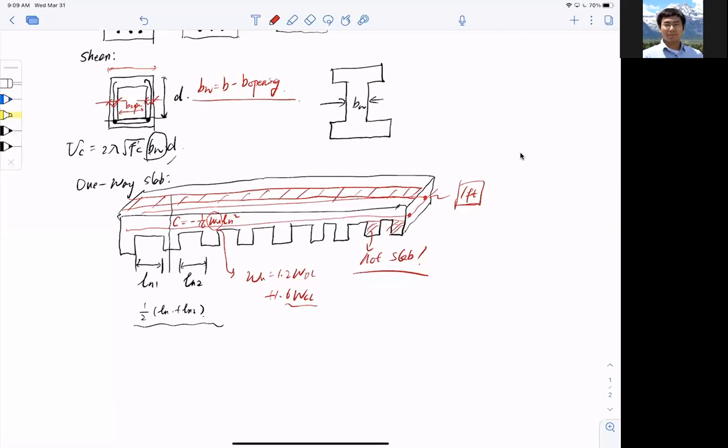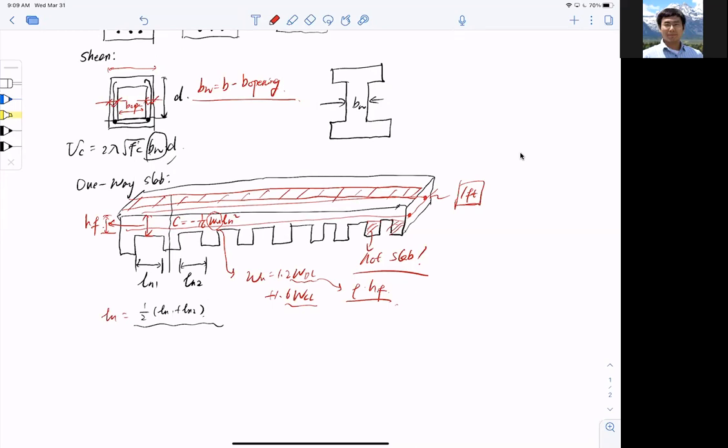We'll give you the live number, and the dead number you have to calculate. It is ρ hf, and hf you know, it's the slab height. For C, it is minus 1/16 ωu Ln squared, where Ln is an average because it's at the support.